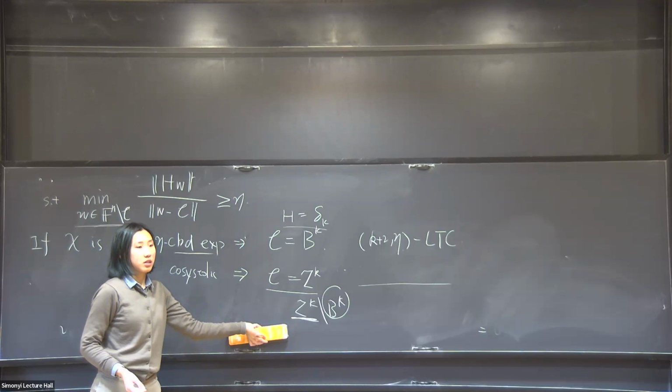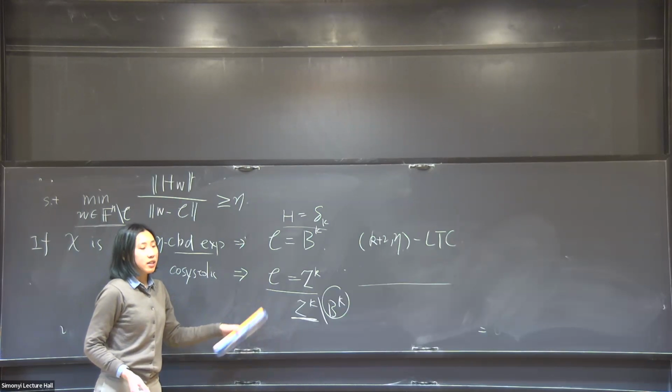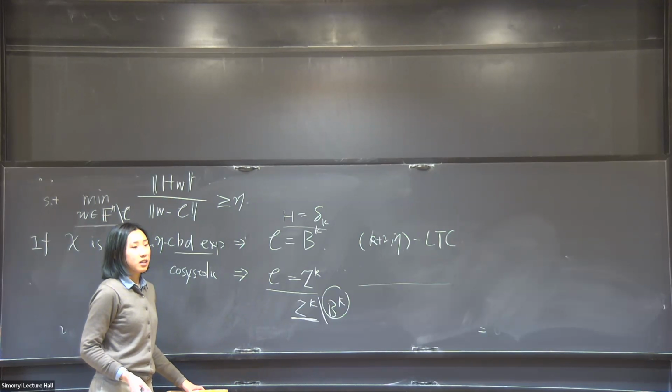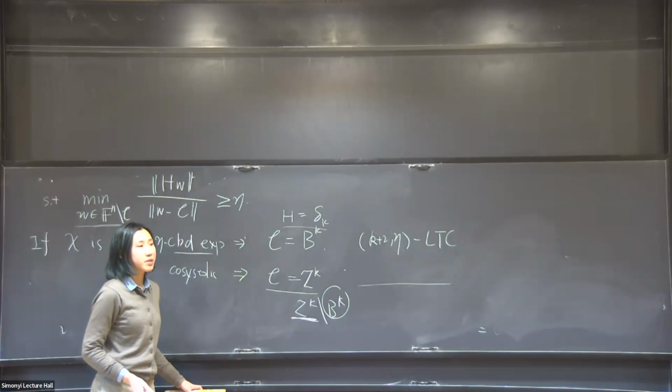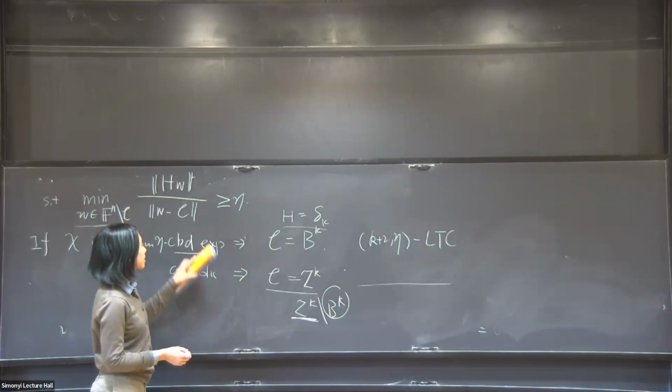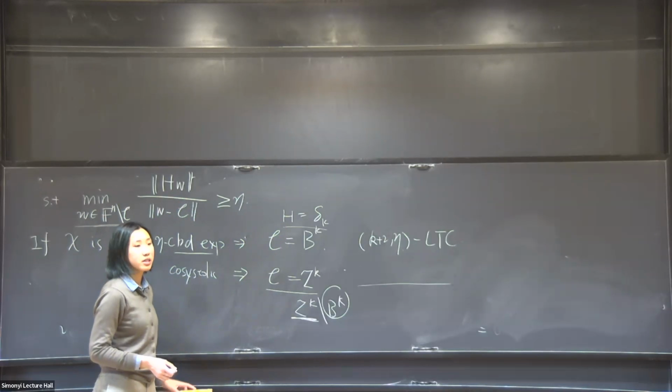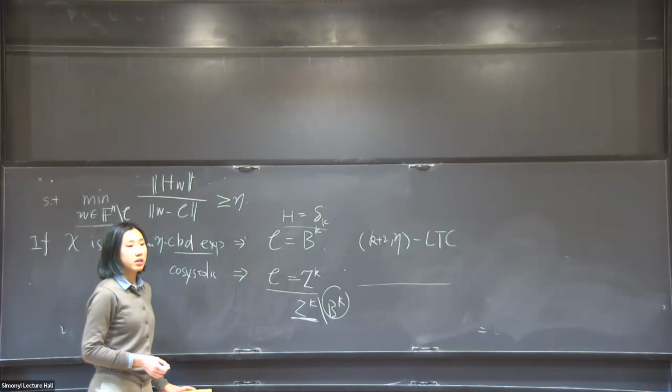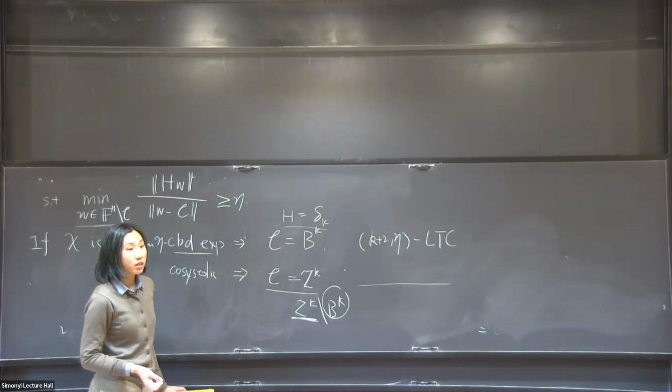The condition in cosystolic expansion applies only to the denominator, which talks about the distance from F to Z^k. So what you are testing are only words that are wrong, words that don't pass this H test or this delta K test. You're not testing anything in B^k in the cosystolic case. I mean, in Z^k minus B^k.